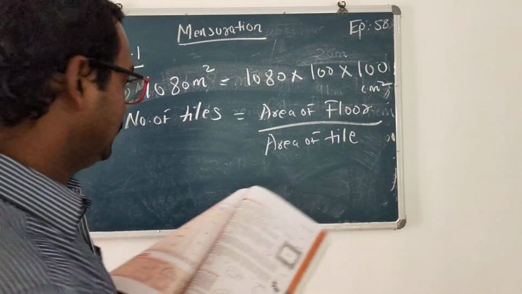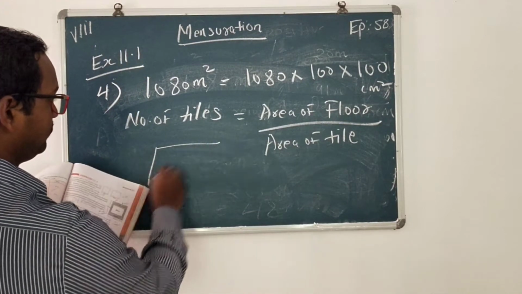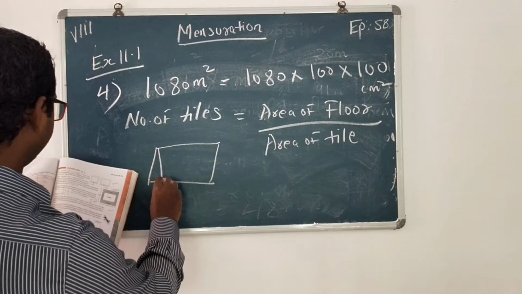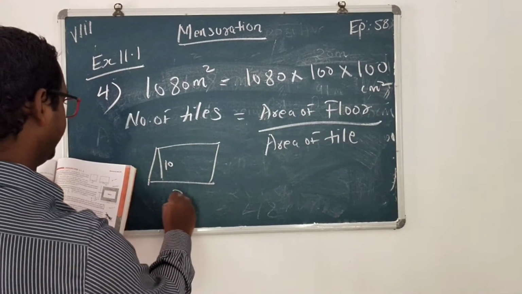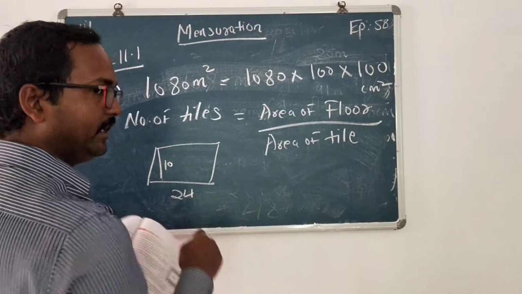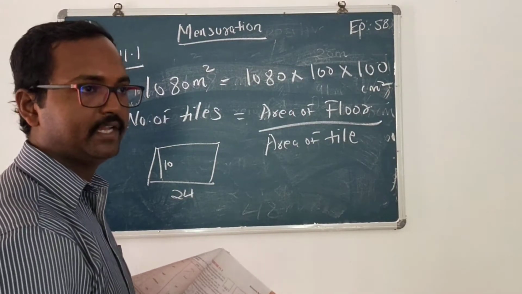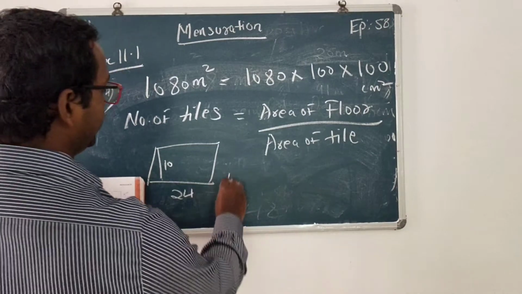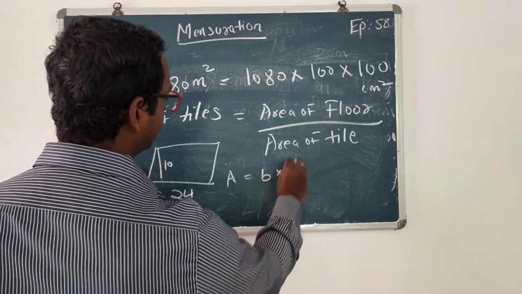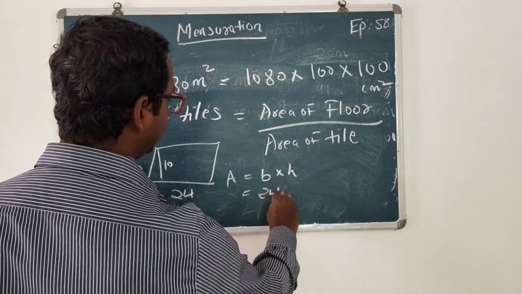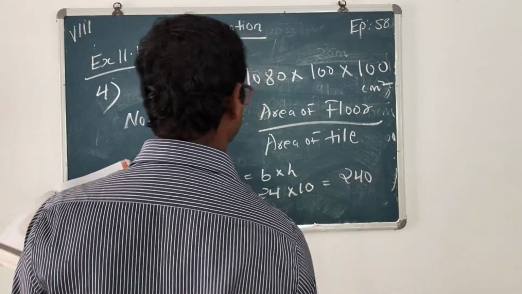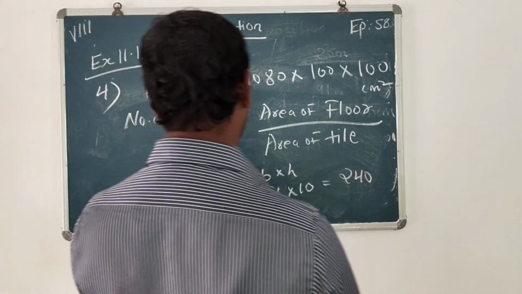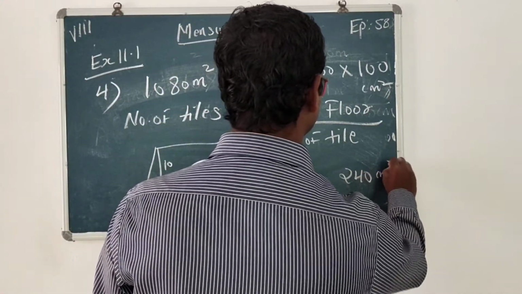The tile is in a parallelogram shape, the height is given as 10, and the base is given as 24. I have already told you the area of a parallelogram is base into height. Base is 24, height is 10, so the area is 240 centimeter square.